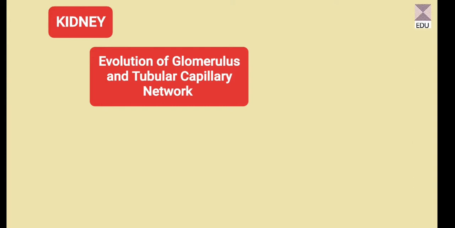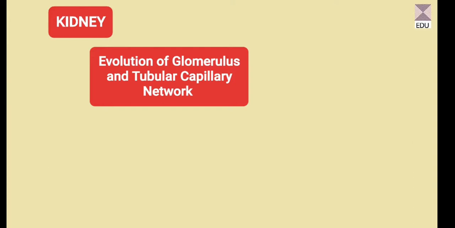After that stage, we had the formation of the glomerulus. In the previous lectures, I have given you the idea of how the glomerulus has evolved with time. The first glomerular stage which was formed was the external glomerulus.